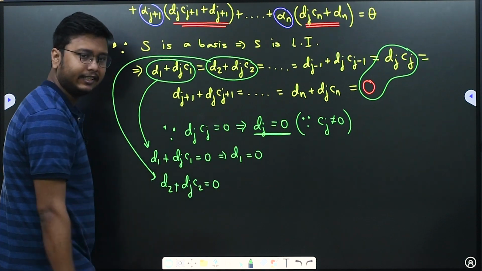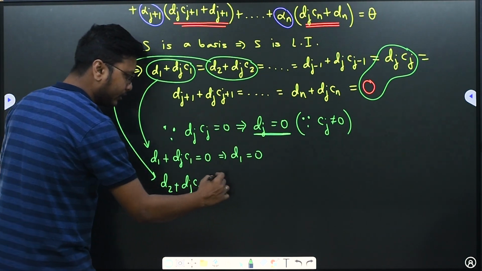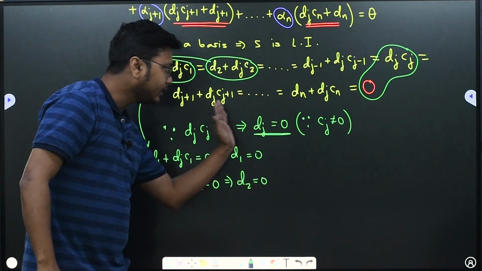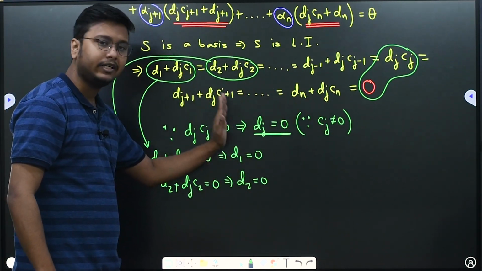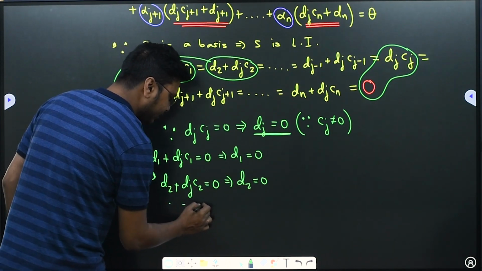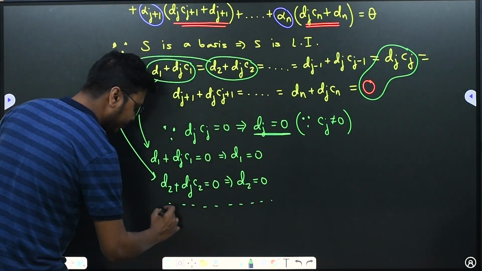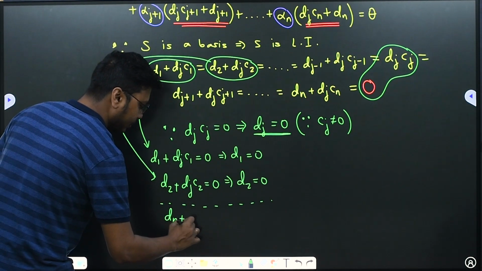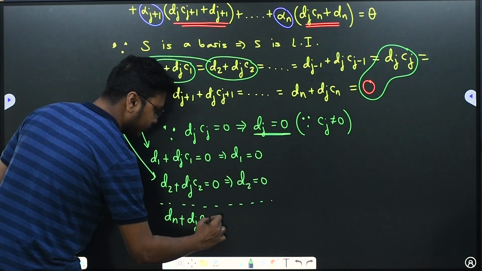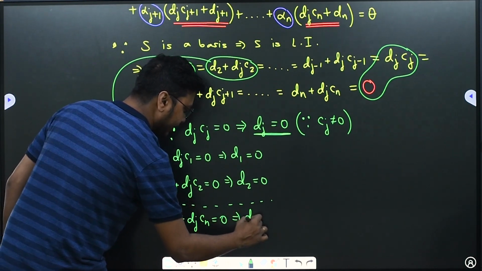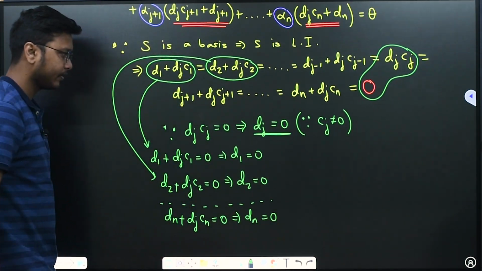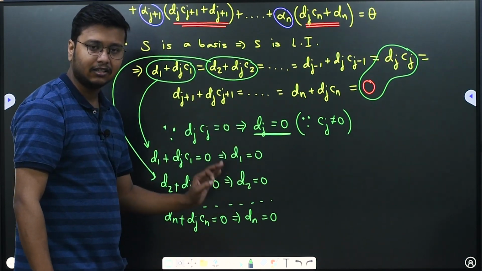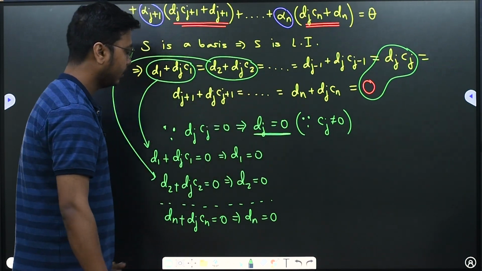Again, with dj equal to 0, I get d2 equals 0. So from each of the expressions, if I put dj equals 0, this would go on, and finally from the last expression, dn plus dj cn equals 0, that would imply dn equals 0, right? So I am getting all the di's to be strictly 0, right?